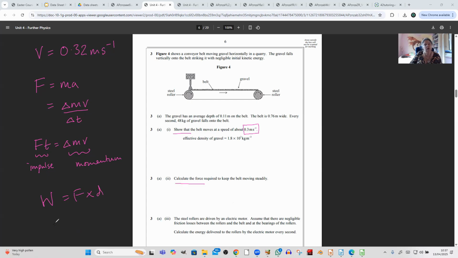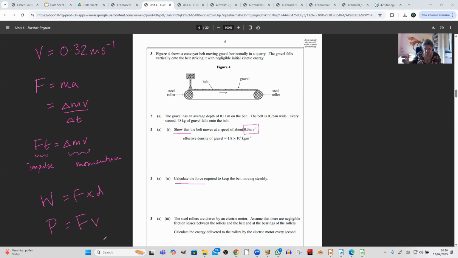What else have we got? We've got a power equation, haven't we, which has got force in it. That's got velocity in it. Ooh, I wonder if that's going to be useful. I can't think of anything else off the top of my head. If you've got the data sheet in front of you, maybe you can spot some other things.